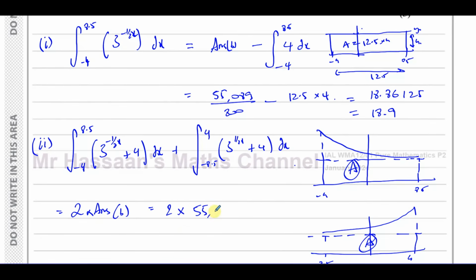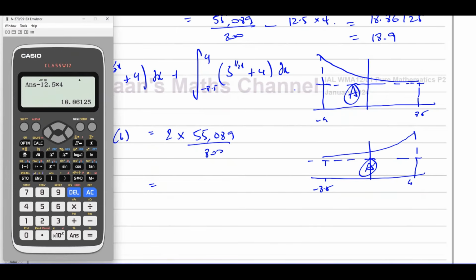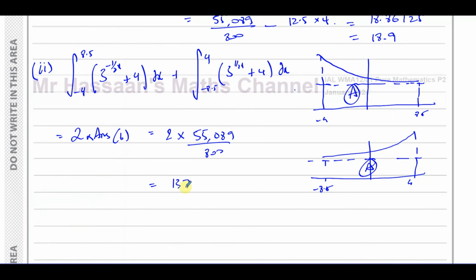So we go back to this answer here and we multiply it by 2. And we get our answer, 137.7225, which to 3SF is 138. And there's the answer to part 2.